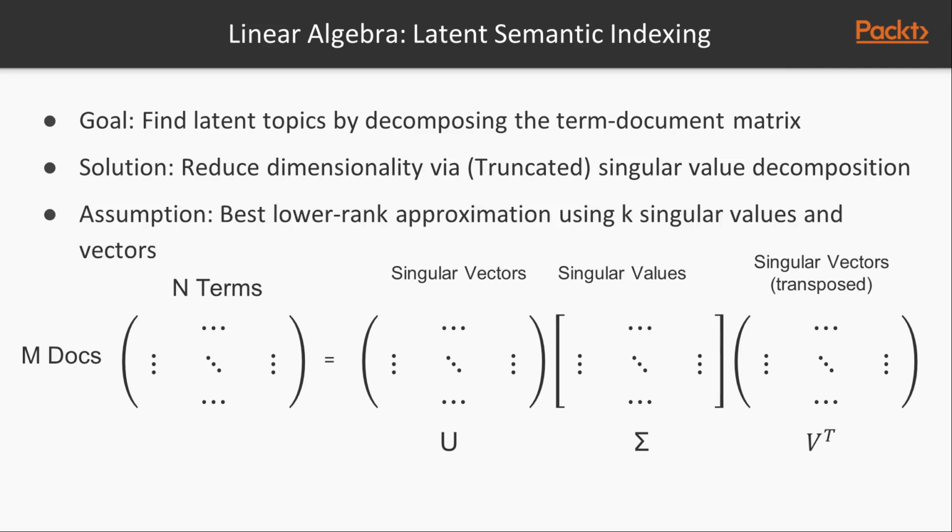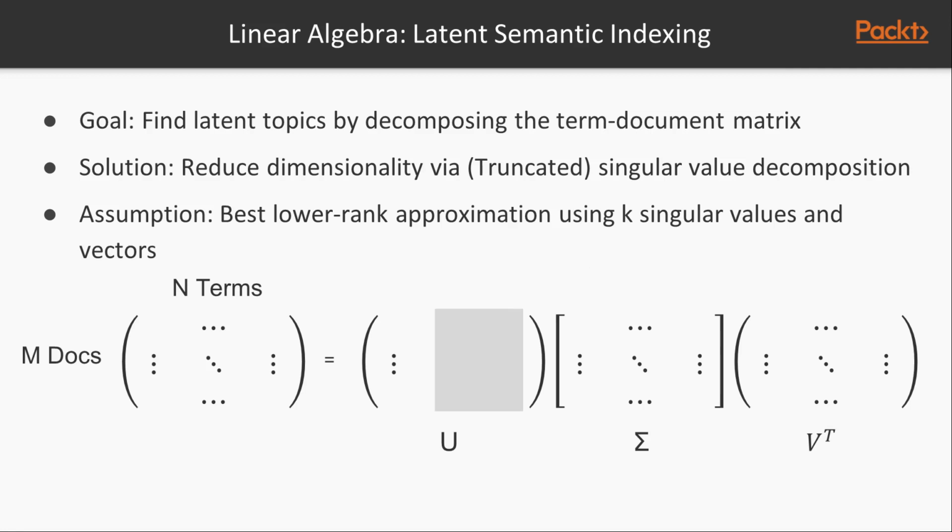And now we can use this decomposition to find the best lower rank approximation. So here comes dimensionality reduction. Instead of using the full rank of this matrix, which may be the smaller of m or n, so typically m, we're going to compress this and reduce the number of dimensions, selecting only k.